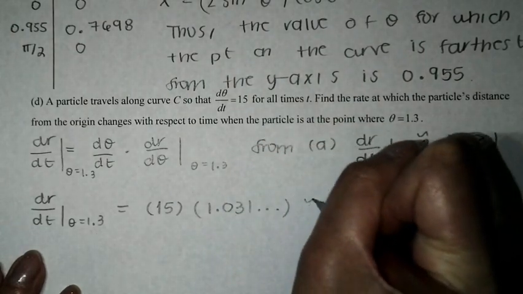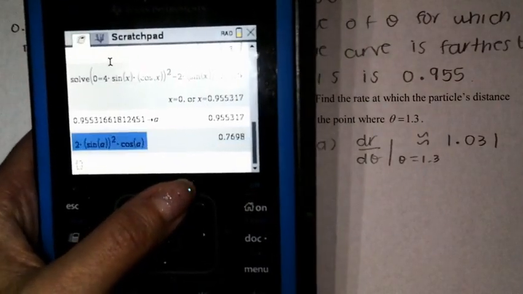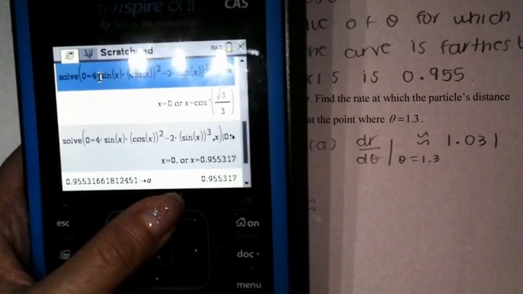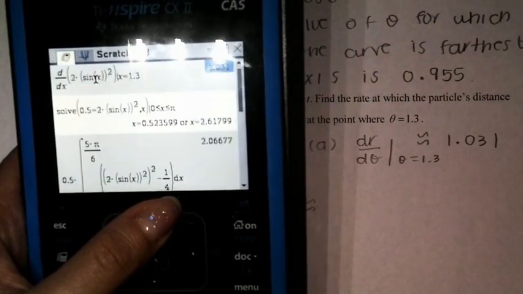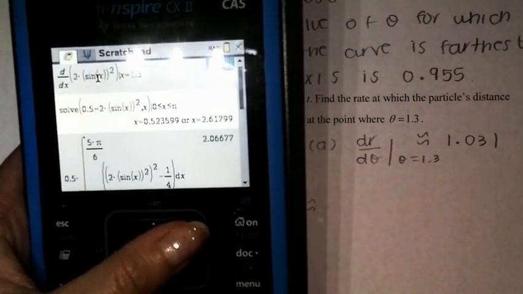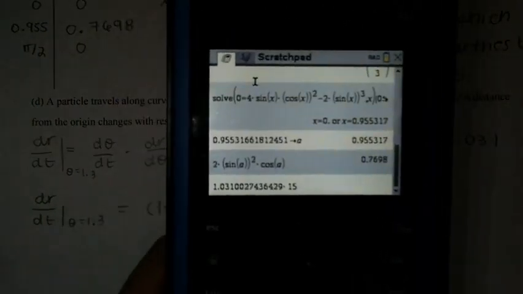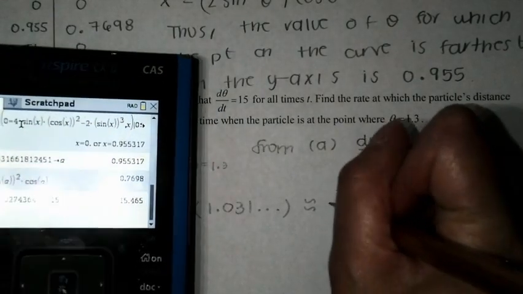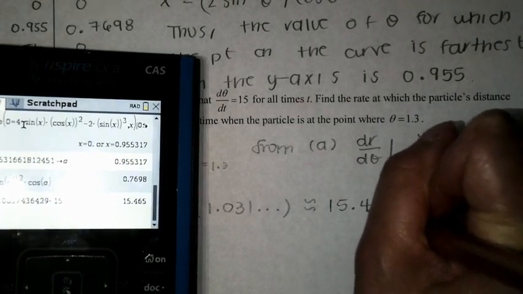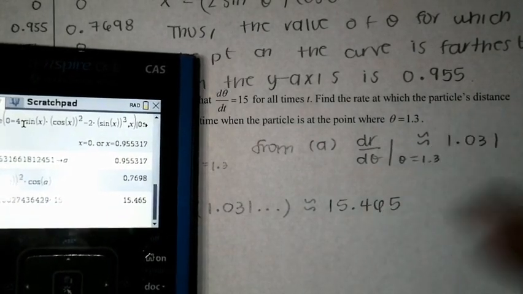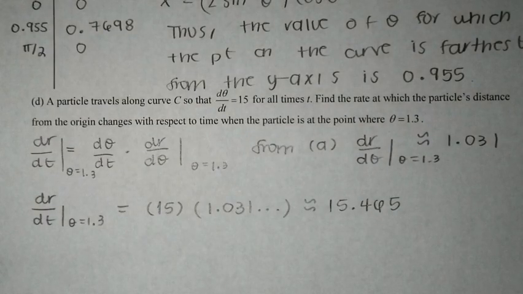The only business is that hopefully you have in your calculator what we got from A. So where is my A? We have that. I copy all of that times 15, and you see that I copy that, and then this is going to be 15.465, or you can put more decimals if you want to, but you don't need to.